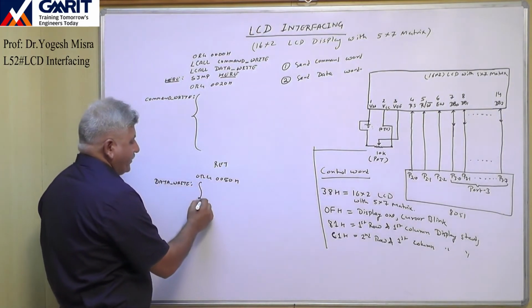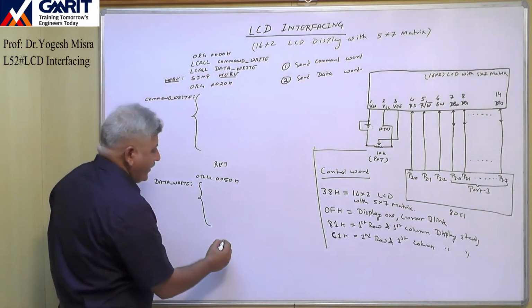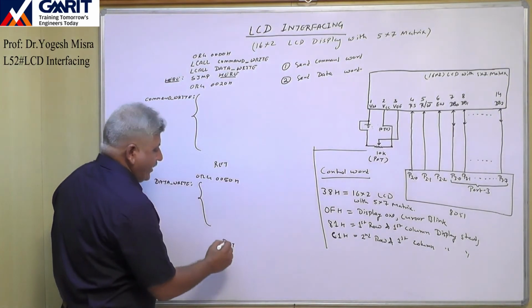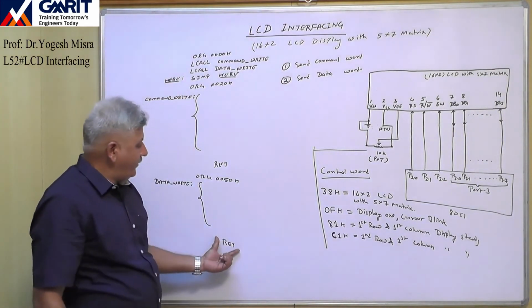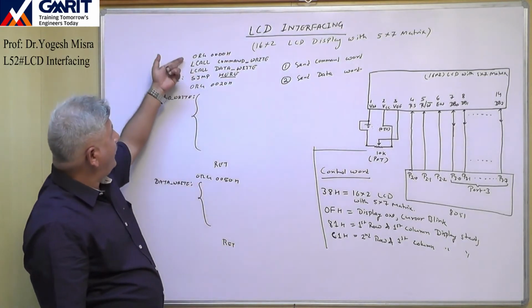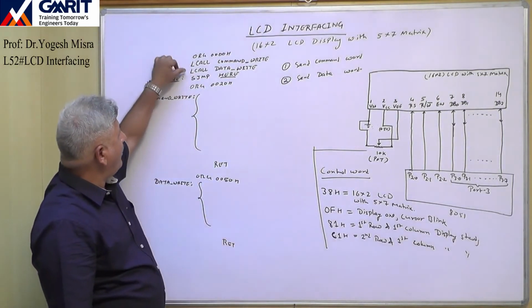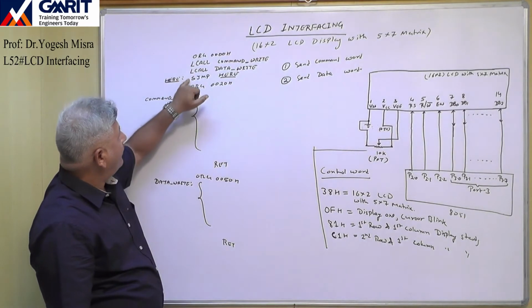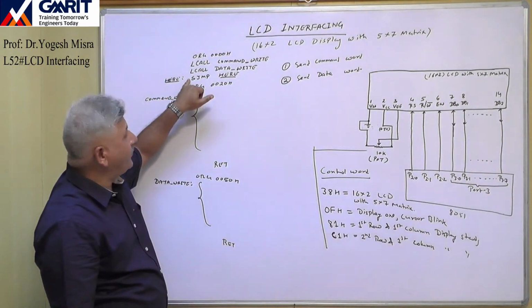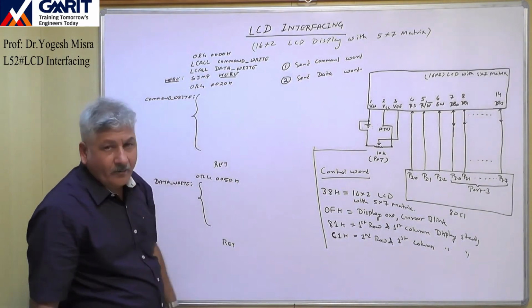So here we will write the instructions to write the data. In the end there is RET. With the RET, the controller will go back to the main program after lcall. After that lcall, the controller will execute this instruction, jump here. In this way it will complete the process.